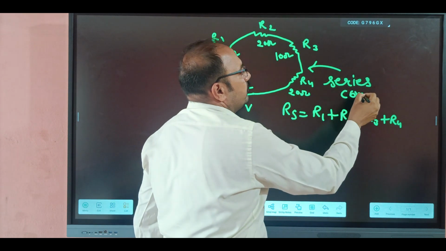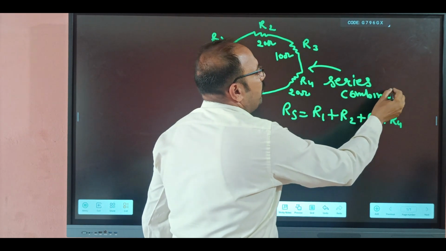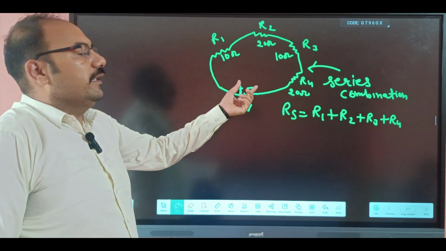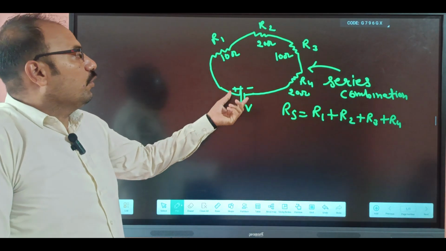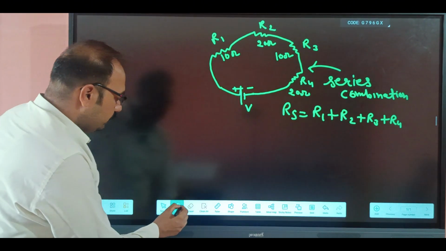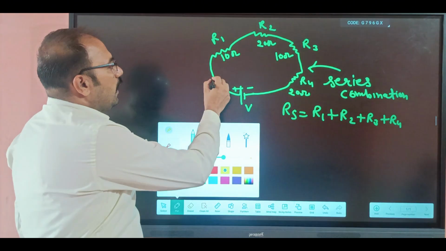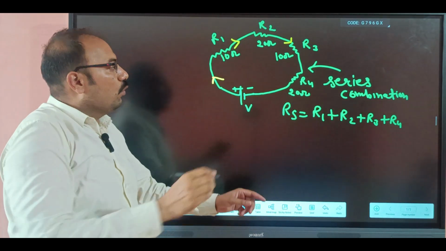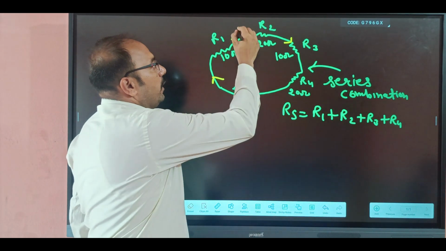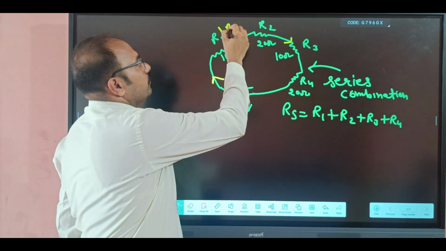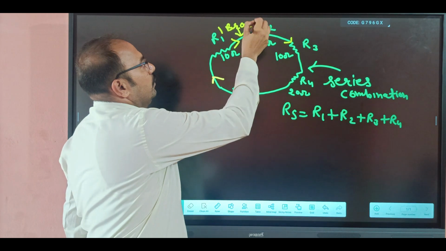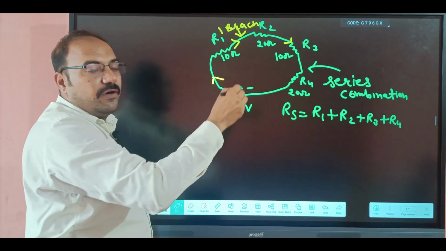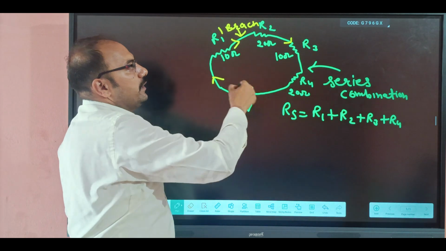How do we determine that this is a series combination? When current flows, it flows in only one branch, so the current has the same path. That is why this is a series combination.